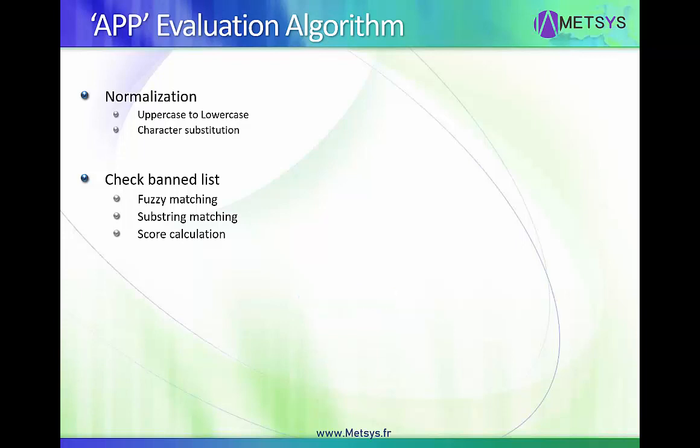Fuzzy matching is a process in which Azure Password Protection will decide if the chosen password has an edit distance of only one character. Let me give you an example. Look at these three words. What is the difference between them? As you can see, the first word is password. The second word is password with a letter F at the end.